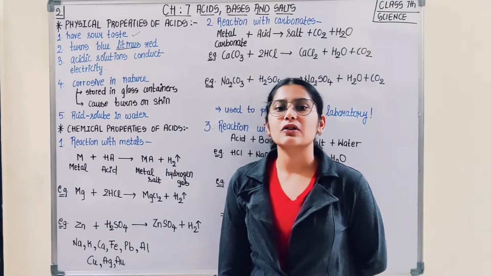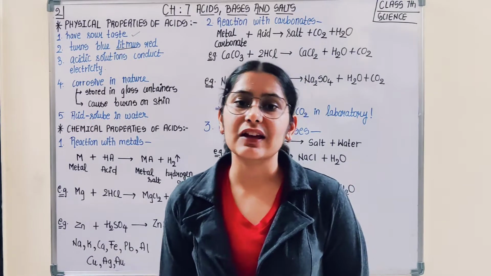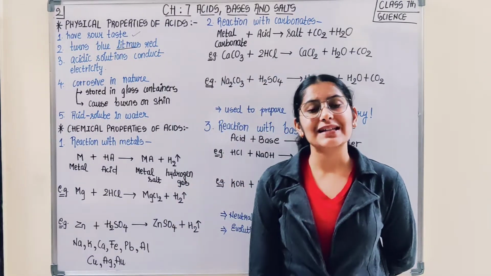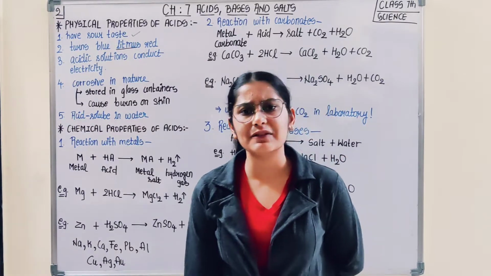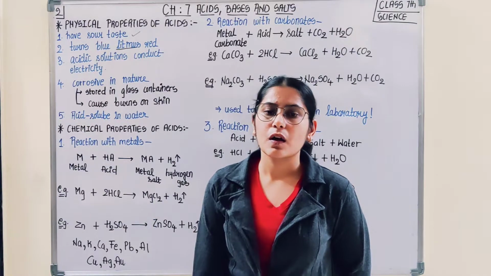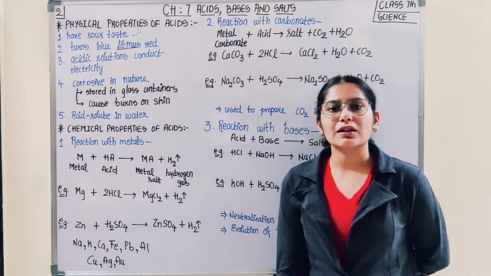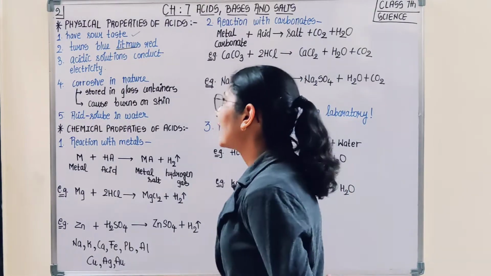So I just defined the colors of litmus paper in acidic, basic and neutral media. I hope I am not going too fast, as we have already discussed this in the first video lecture. So I will not keep up the pace of speaking but move on to the next.